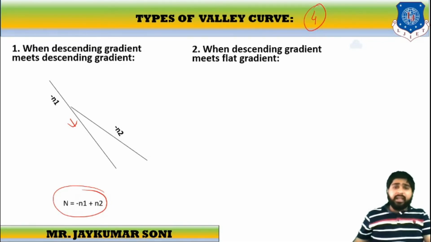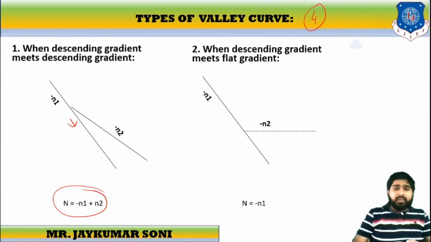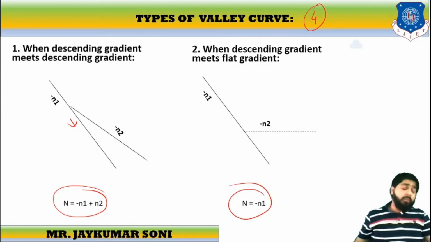If the descending gradient meets a flat gradient, the flat gradient has the value of 0, so n is equal to minus n1 minus 0, so ultimately n is equal to minus n1, and this is the deviation angle.